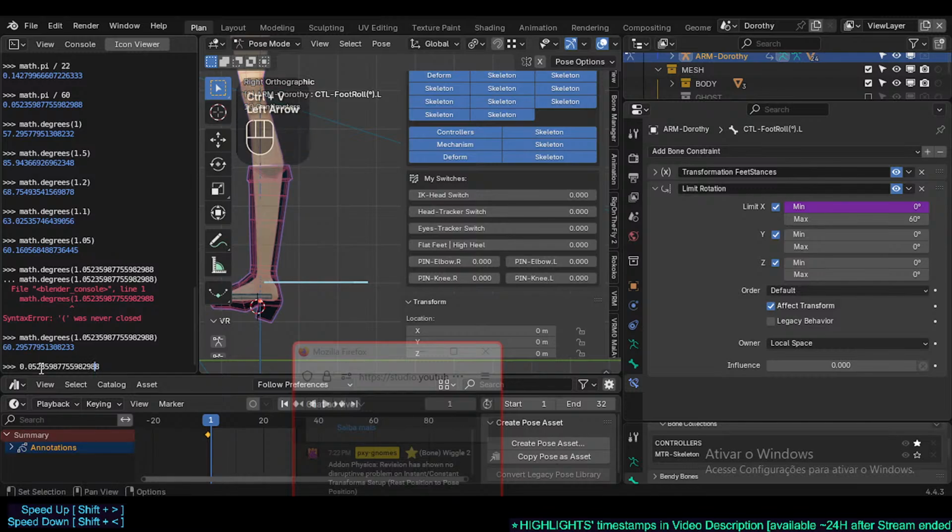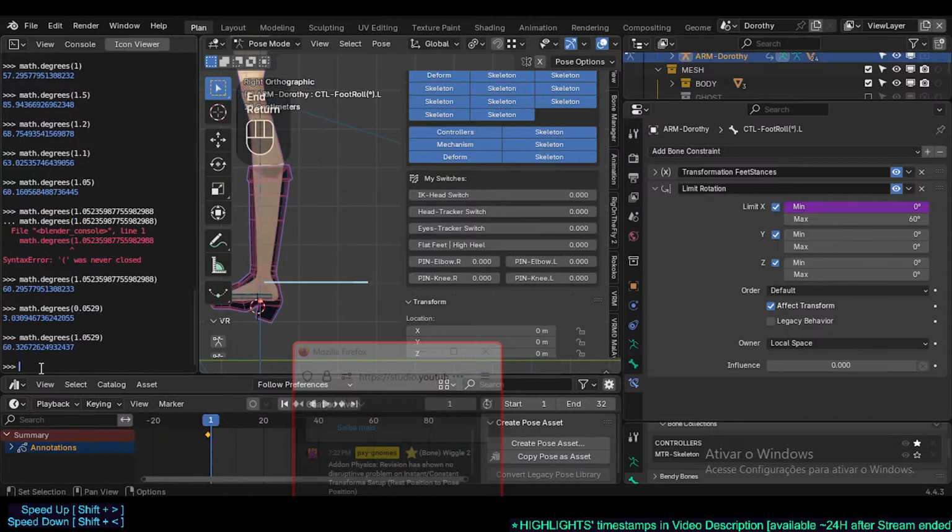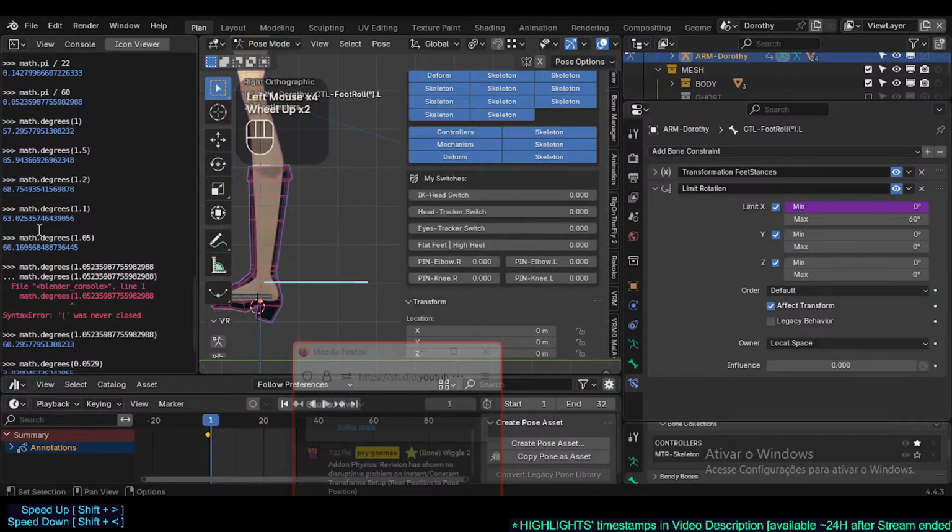So then you can't get the, this is a bit too way more than 60.